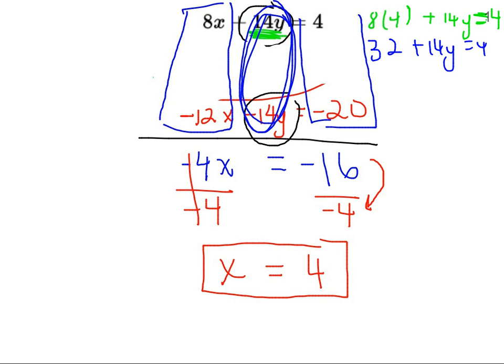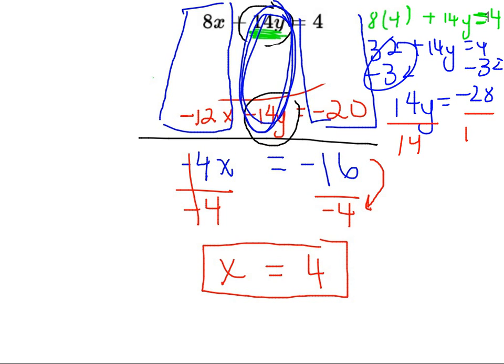Then we can subtract 32 from both sides. So we get 14y equals 4 minus 32, which is negative 28. Oh good, I can see already that this is going to come out with an easy answer. Divide by 14 on both sides. We get y is negative 28 divided by 14, which is negative 2.